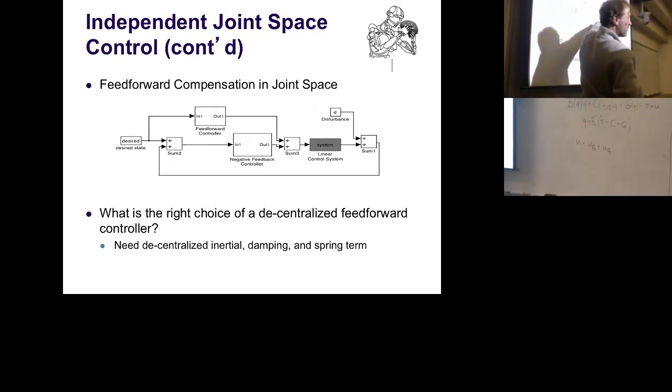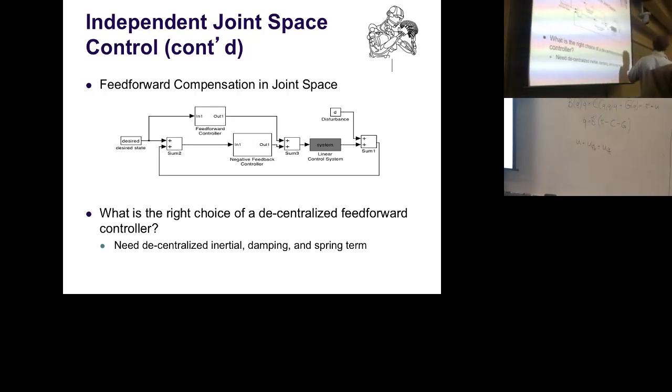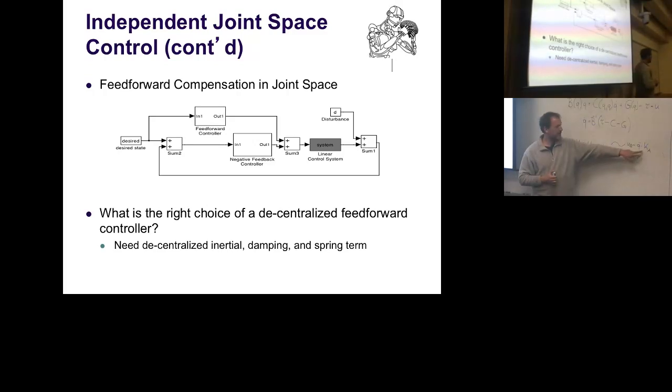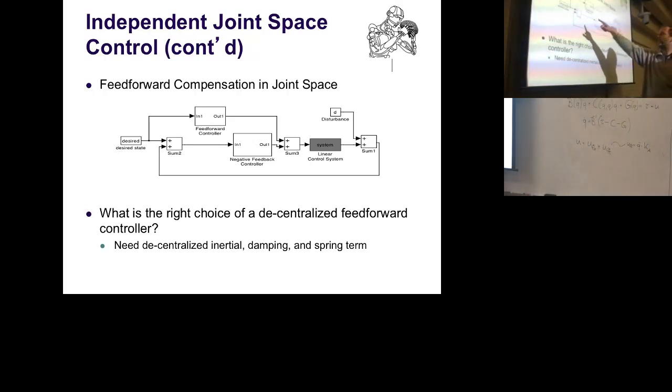So the negative feedback controller can be whatever we've been using before. Now we can basically put additional terms in here. And the additional terms may be, for instance, what I mentioned before. We can put in here an acceleration-based controller. We say basically here, U_f is simply q double dot times some gain K_a. So that would be a very trivial way of creating a feed-forward controller, just trying to compensate for some inertial terms. Okay? And that's essentially what we just did before, but now we do it based on desired.